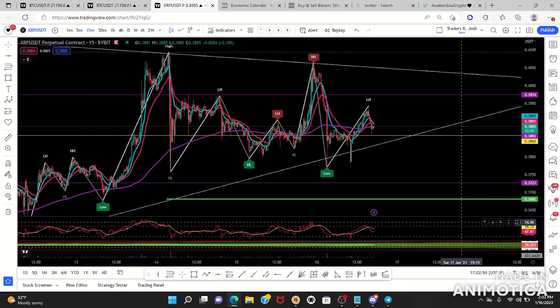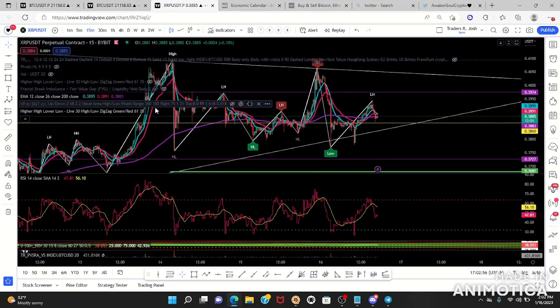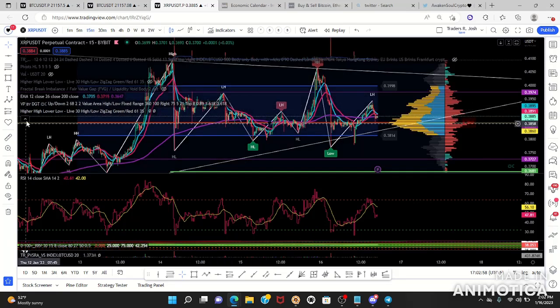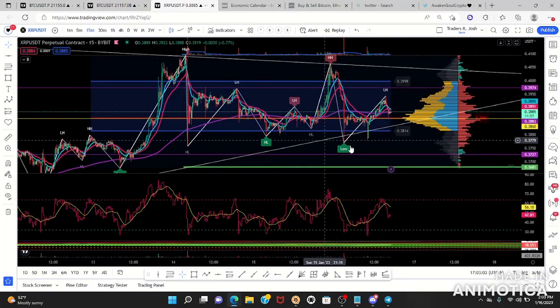And I would play the higher highs to lower lows. Just like you see it, oversold, overbought with the POC, higher highs, lower lows. So literally I would short here, long here, short here. And this is more for a scalper.